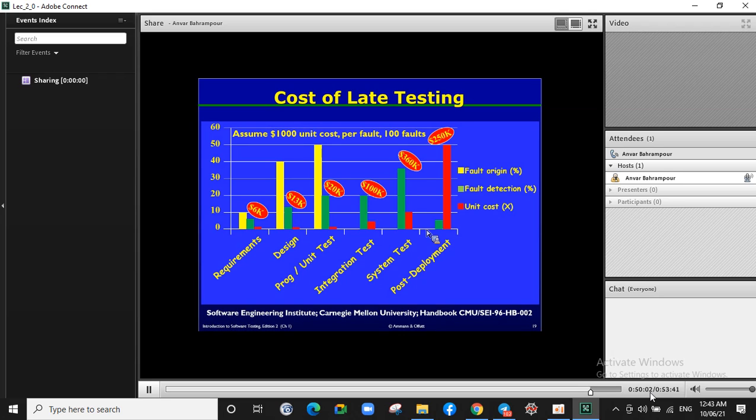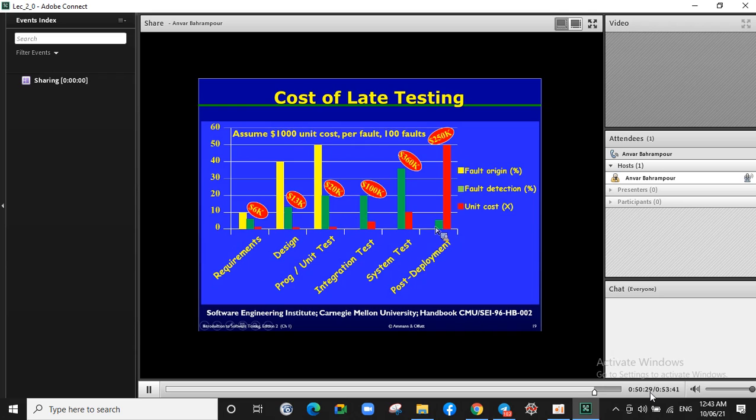So please note the fault detection capability of software engineers in different phases of the software development process. The green bar shows the amount of fault detection in each stage of software development.